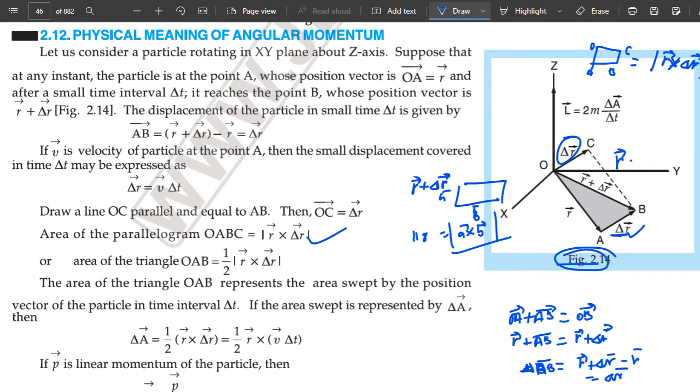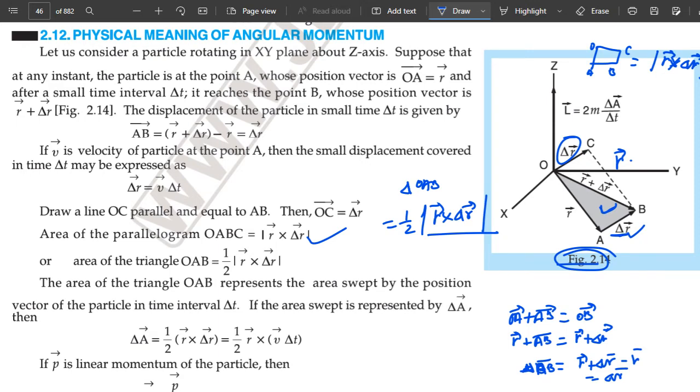So the area of this triangle is half of this. That means the area of triangle OAB is equal to half the magnitude of R cross delta R. Everybody agrees? Okay.